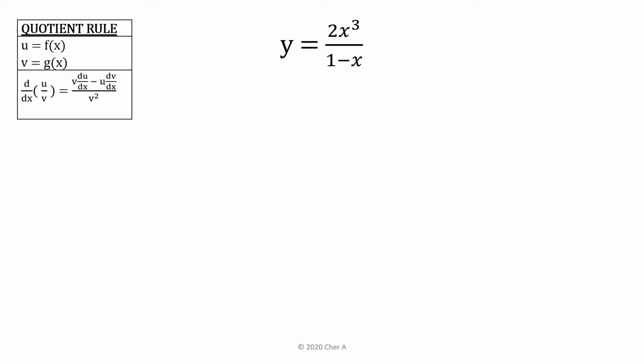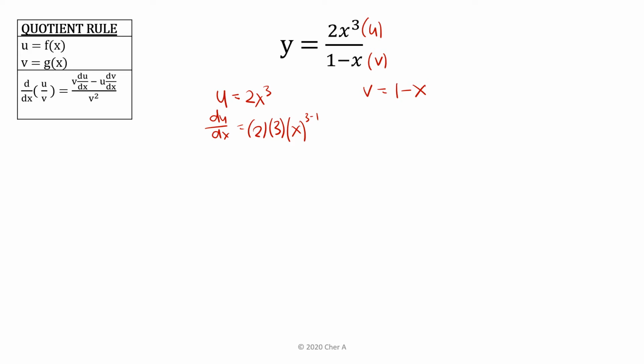So likewise, we are going to identify our u first, which is the function on top, and our v, which is the function below. So writing it out, my u is equal to 2x cubed. My v will be equal to 1 minus x. So differentiating u, I will get 2, the constant, 3, bring down the power, x to the power 3 minus 1.